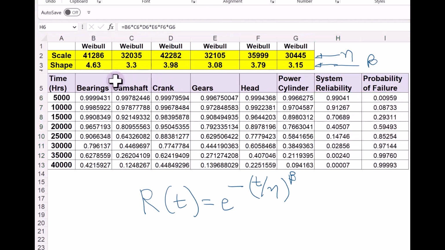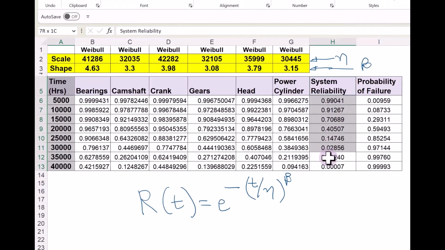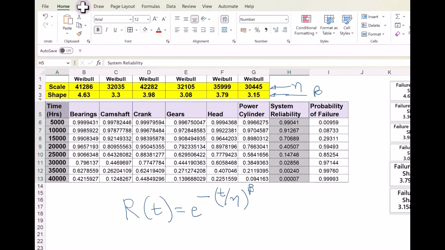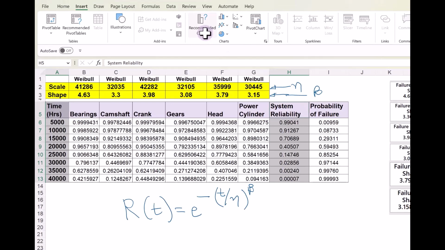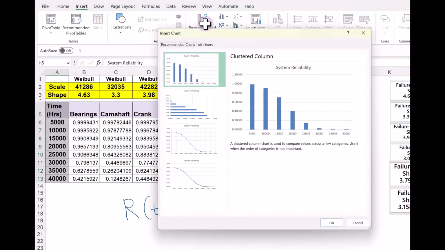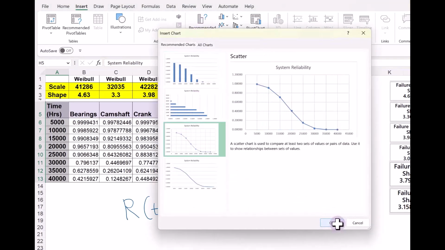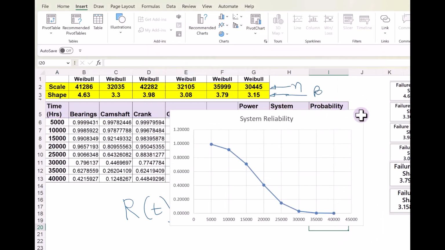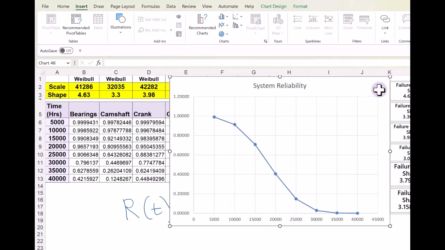We can also plot a graph of system reliability. For that we can easily select time, then the control button and system reliability, and say insert recommended charts, and we can see the system reliability graph like this. So we can see how the reliability is dropping. We have also been asked to find out what is the B10 life. That corresponds to reliability of 90%.